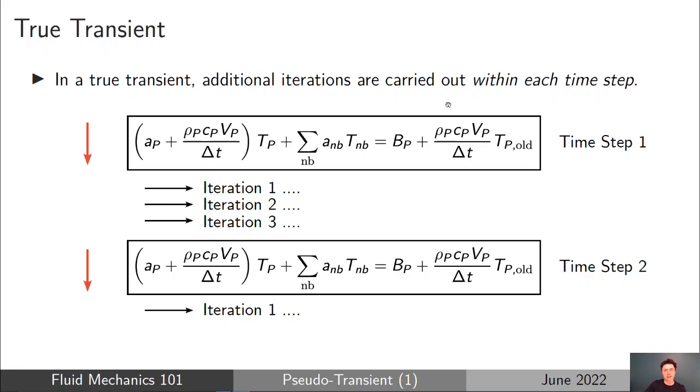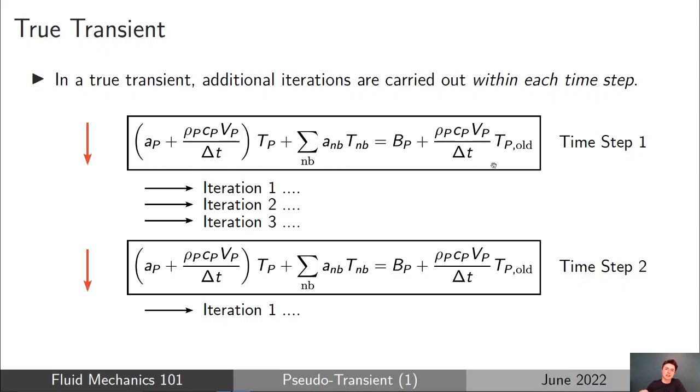And in a true transient approach, if we were to choose a first order backward Euler scheme for that time derivative of temperature, we would have the same equation. And so we would solve our equation once during time step 1. And then what we would do is we would continue to iterate this equation within the time step.